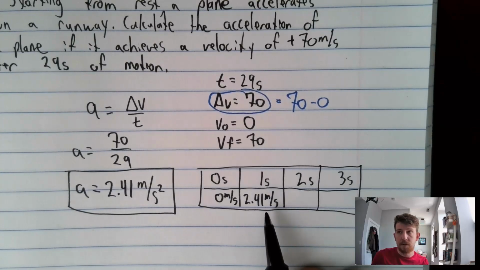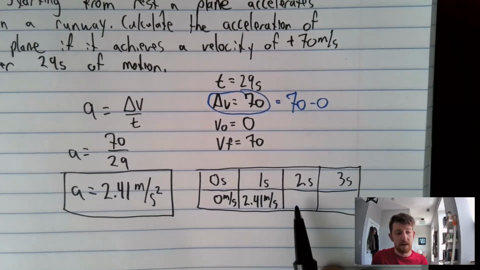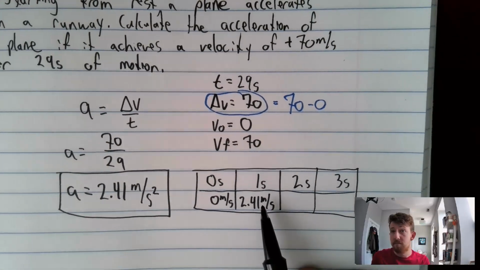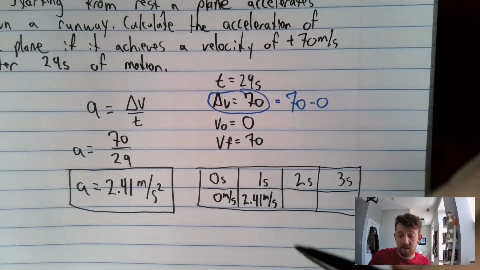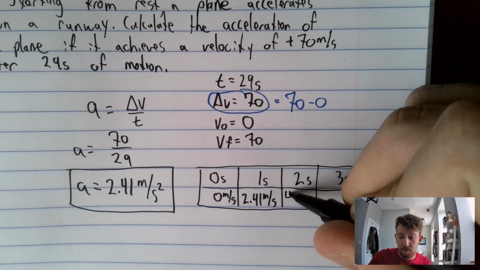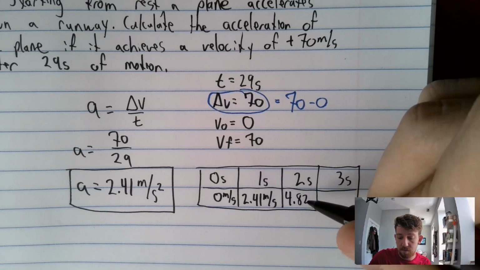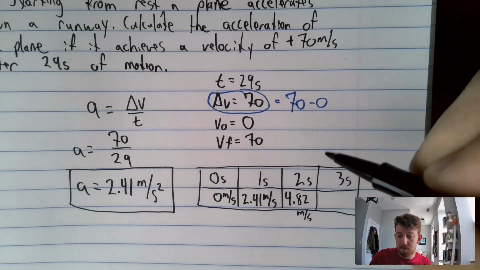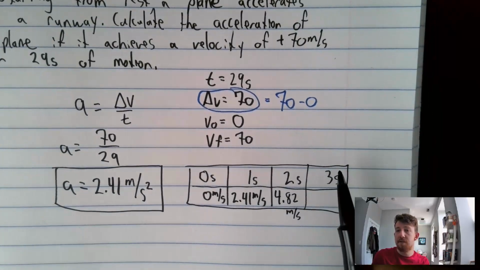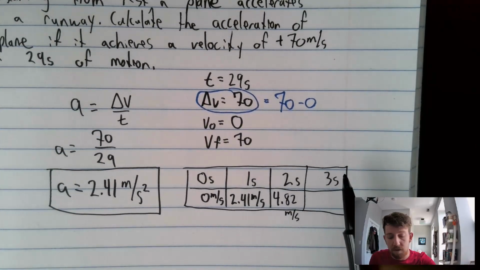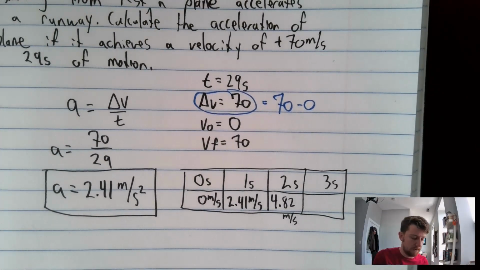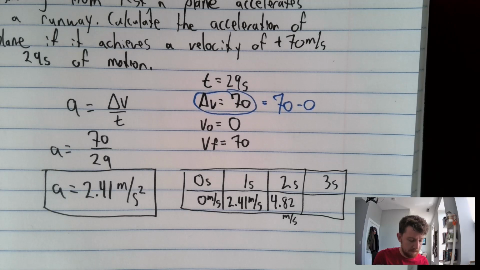All right, but what's our speed after 2 seconds? We just add 2.41 to that. This would be 4.82, methinks, 4.82 meters per second. And after 3 seconds, I could do it in my head, but I'm getting 7.23.